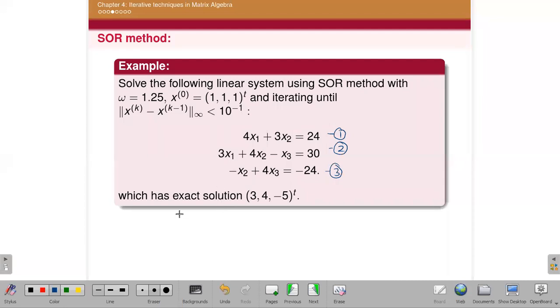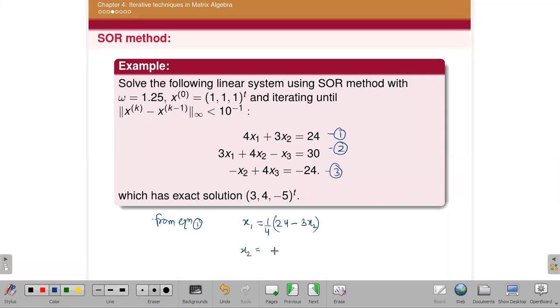So write x1 from the first equation. The procedure will be the same in the SOR also, but you have to write the equations according to the SOR method. So from equation 1, x1 is (24 minus 3x2) divided by 4.